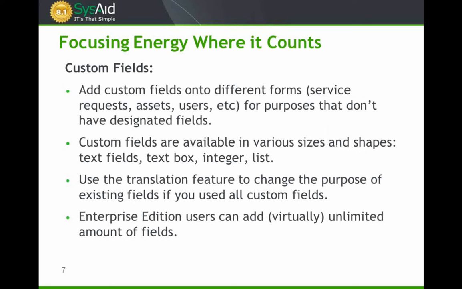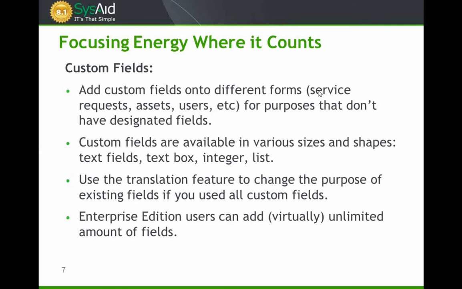Okay, you've got text fields, text boxes, integer, list, dates, different types of fields. You can just take those fields. They're regular fields in Sysaid, just like any other. They're just named custom date 1 or custom list 1 or custom text 1 or 2 or custom notes.